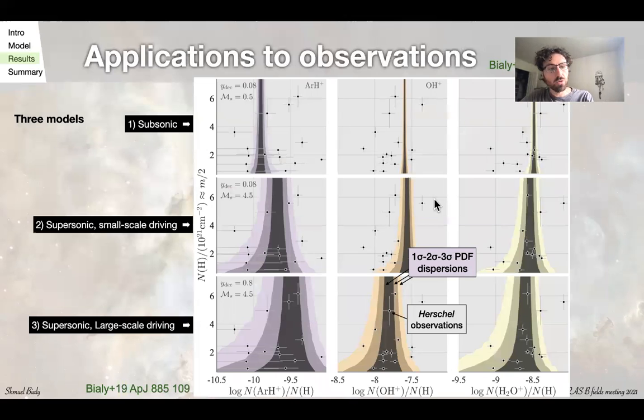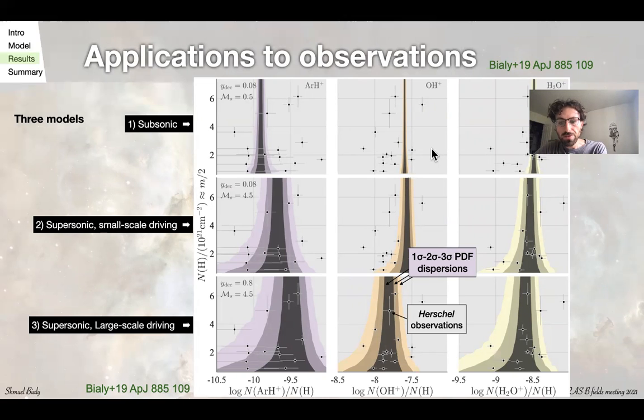I'll just mention this. I won't go into detail because I don't want this talk to become longer. But we have some first observations, such a comparison we made.